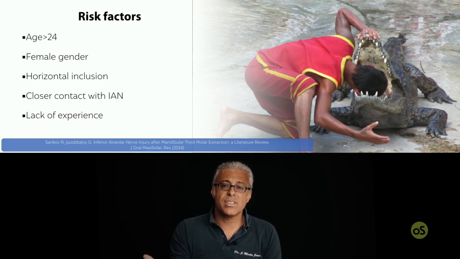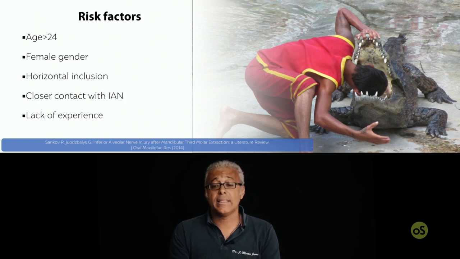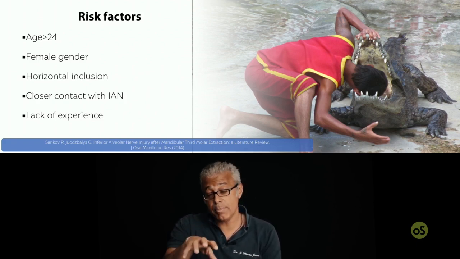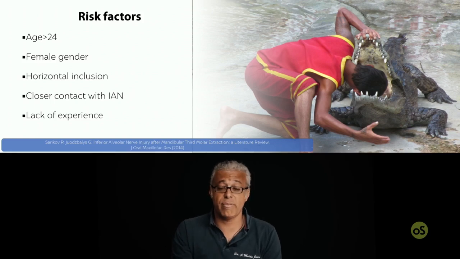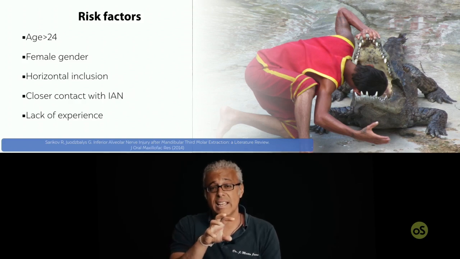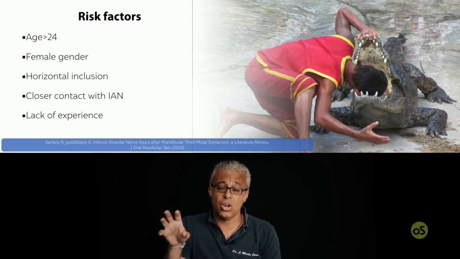The literature gives us a major risk factor in the female gender, which is not explained, and obviously the horizontal inclusion, which is a deeper inclusion, is a major risk factor, and the closer contact with the IAN is obviously a major risk factor, and also the learning curve experience, so our skills are a very important risk factor.